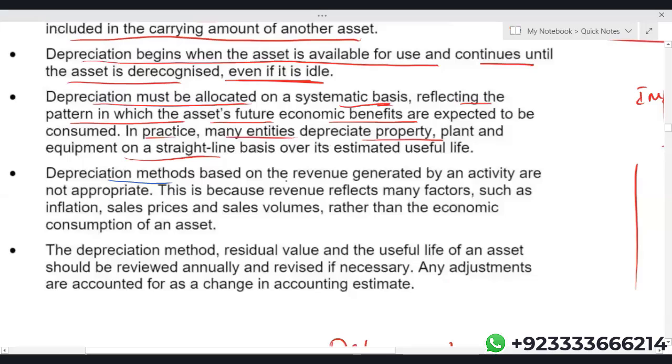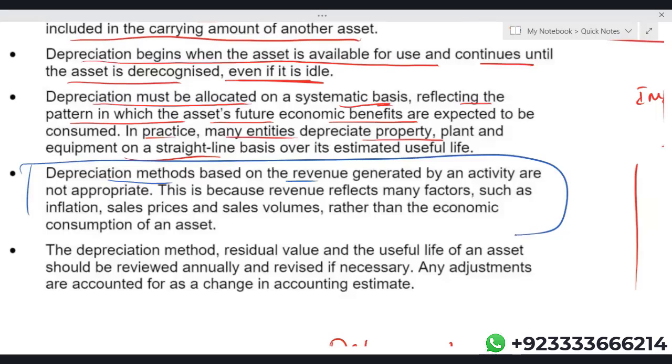Depreciation method based on revenue. See, this is not acceptable. If an entity says we want to depreciate the asset according to revenue, for example, more revenue, more depreciation, less revenue, less depreciation, that's not acceptable. Depreciation methods based on revenue generated by an entity are not appropriate.